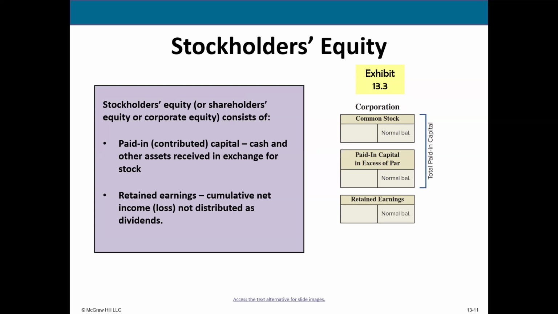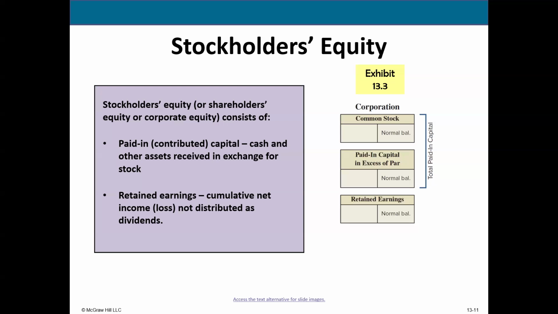This is where the stock lives, and it includes an account we call paid in capital, which is the cash that the company received in exchange for the stock, and the number of shares outstanding.